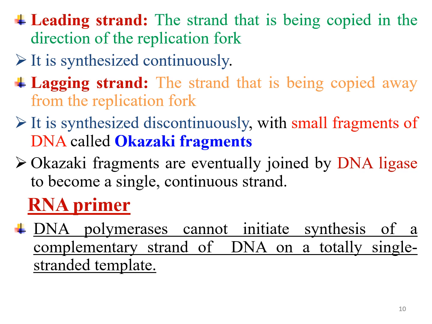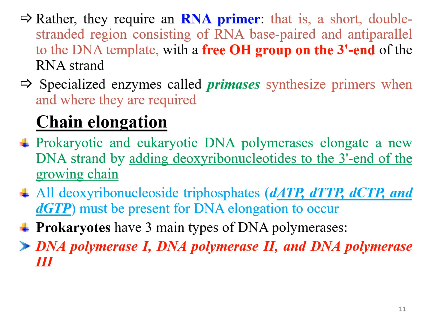Here also RNA primer is involved. It is very important to fill a gap during DNA synthesis. DNA polymerase cannot initiate the synthesis of a complementary strand of DNA on a totally single-stranded template; rather, it requires an RNA primer, that is a short double-stranded region consisting of RNA base paired and anti-parallel to the DNA template, with a free OH group on the 3 end of the RNA.